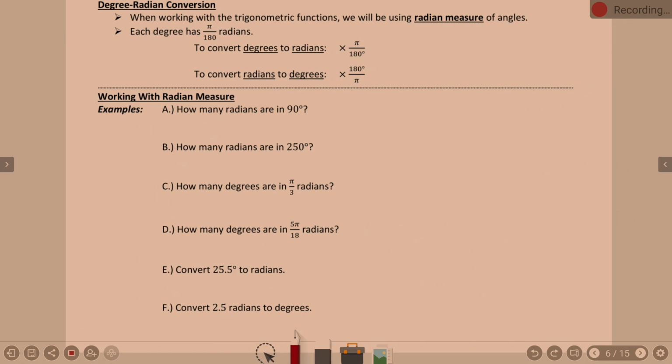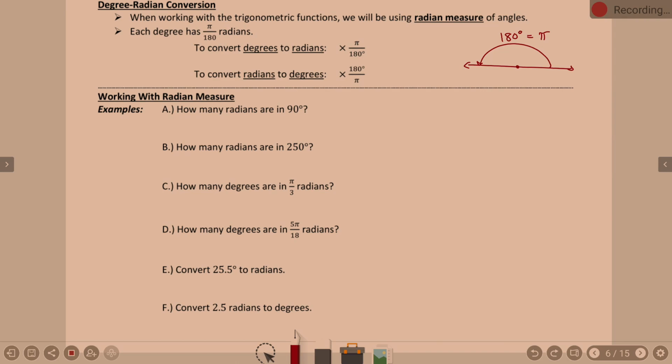Each degree has pi over 180 radians. We talked about a straight line being what? That is 180 degrees, yes? That is also a measurement of pi. In terms of radians, that is pi radians.